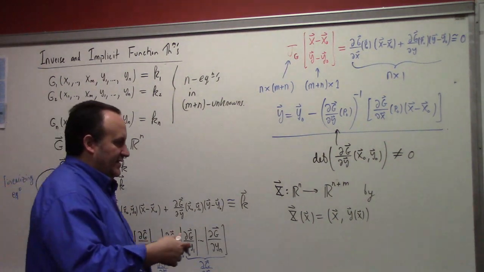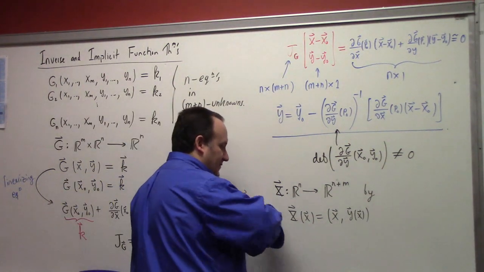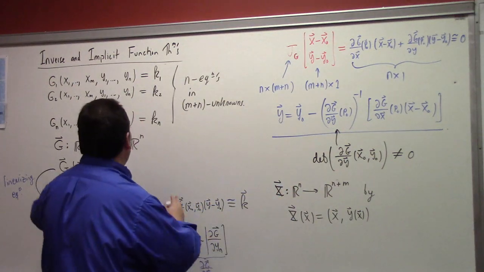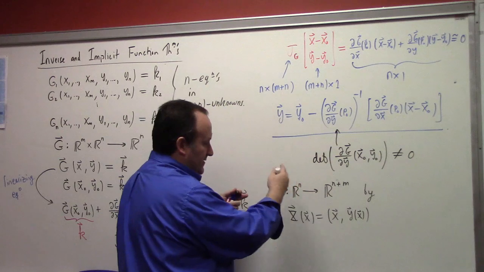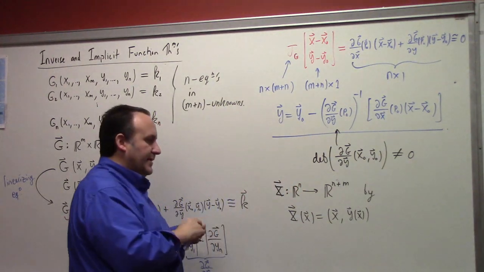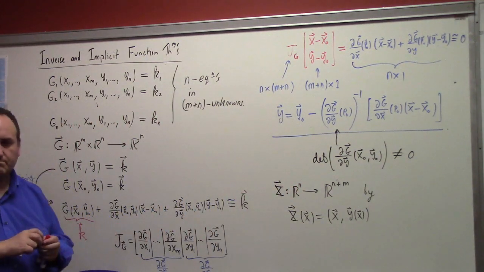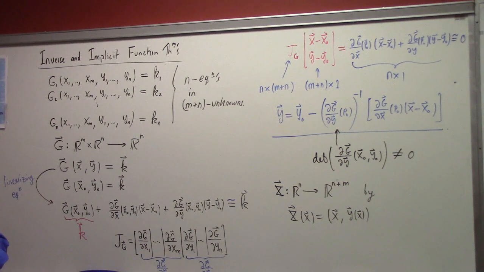If you have this in hand, then all of a sudden you can view the solution set to this system as an n-dimensional manifold in R^(n+m), which is in some sense like a graph.